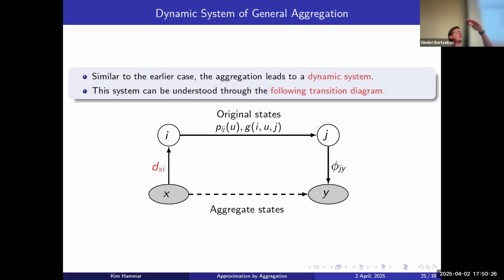We can go across using the dynamics of the original problem, and we can go down again from an original state to an aggregate state using the aggregation probabilities. And this dynamical system then, just like before, will allow you to formulate an aggregate dynamic programming problem that you can solve.